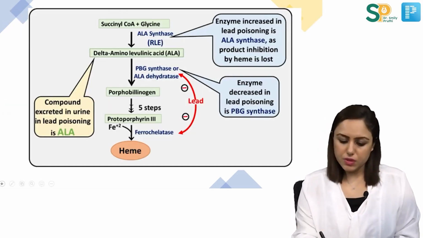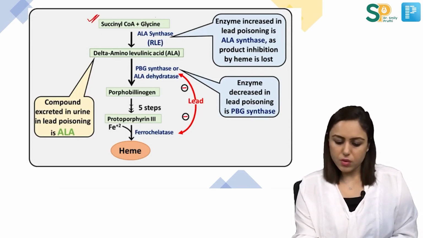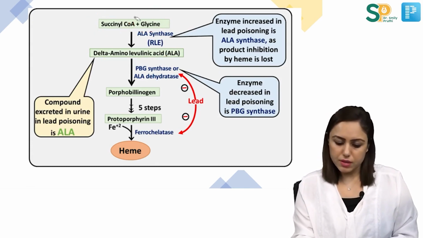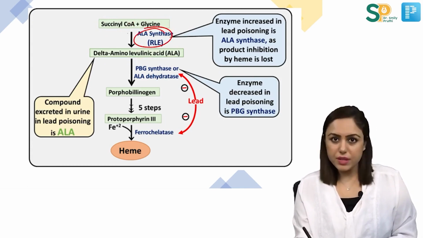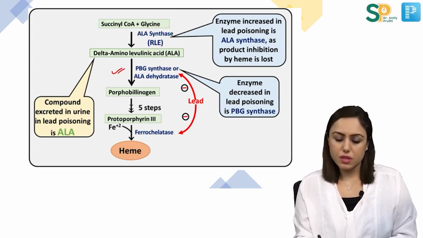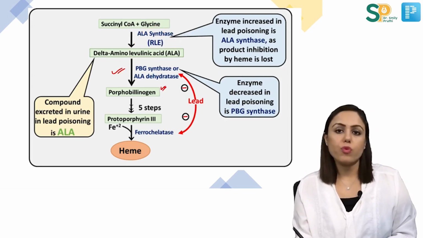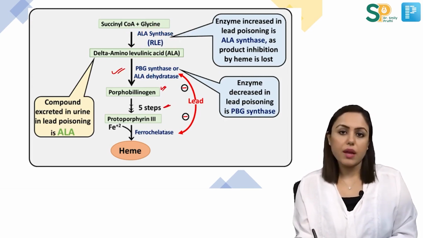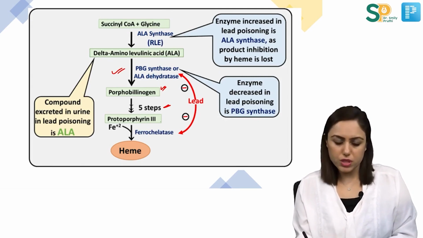See here, heme synthesis pathway, succinyl-CoA plus glycine, they'll join to make ALA, that is delta amino levulinic acid. Enzyme is ALA synthase, which is the rate limiting enzyme. Then there is PBG synthase and PBG, porphobilinogen, will be formed. Then there are 5 steps, and there is no need to go into the detail.